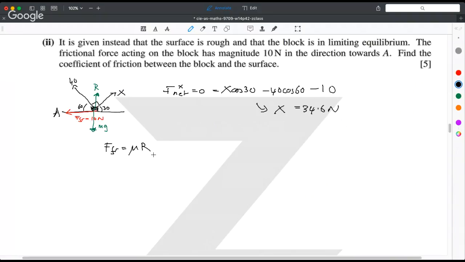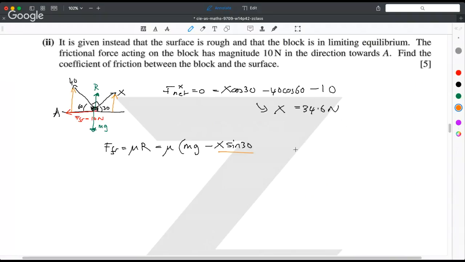And usually, if there are no other forces on the block, it's just going to be the weight of the block, mass times g. But here we've got these other forces lightening the load. So the reaction force is going to be equal to mg minus x sine of 30, which is this guy.